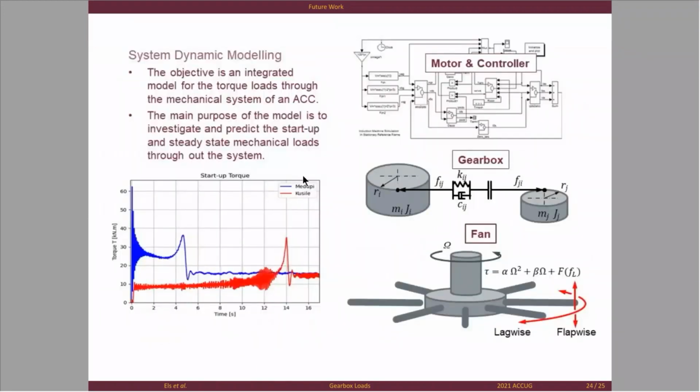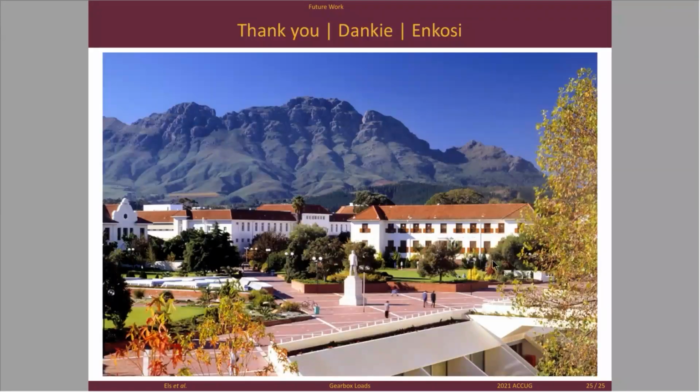So in the end, we look at motor controllers, the gearbox as a dynamic system, the fan as a dynamic system, and we want to predict a startup like this, so that we can say beforehand what's going to happen. That's it basically, and this is just a picture of Stellenbosch. You must agree, it's a very nice place.